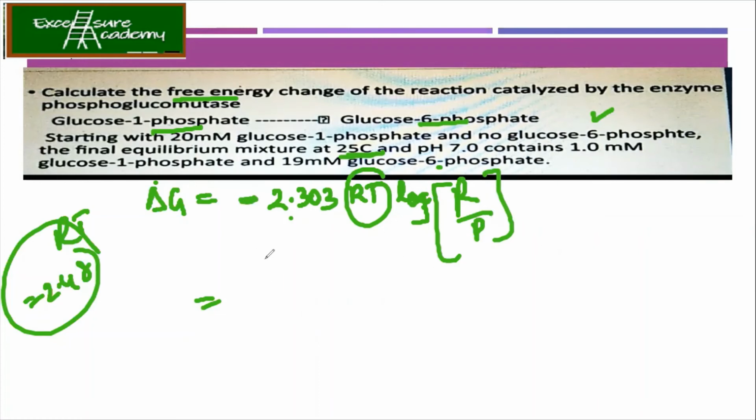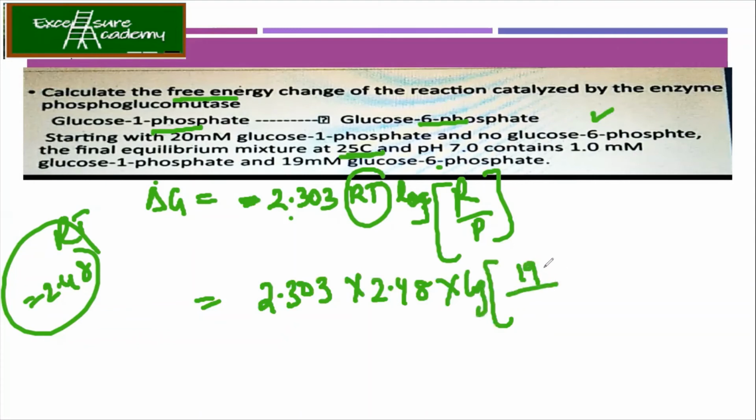So I remove the minus over here. So 2.303, RT value is 2.48, and log product by reactant. So what is the product over here? Log 19. What is the initial? 1 is given.